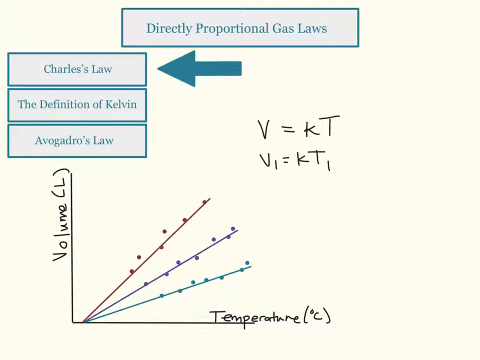If you divide both sides by temperature, you would get volume 1 over temperature 1 equals K. This would also hold true for a second volume and temperature. And since the K, the slope, stays the same the whole time, you could set these two equal to each other. This final expression is often called Charles's law.